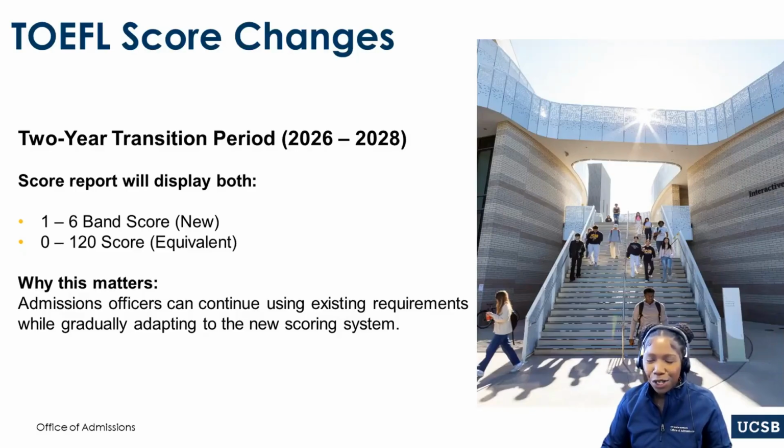This makes it easy for UC campuses to review and understand your results, no matter which scale is reported in the UC application. It allows admissions officers to continue using their existing requirements while they adapt to the new system. The goal is to make the process as clear, consistent, and stress-free as possible for all applicants.